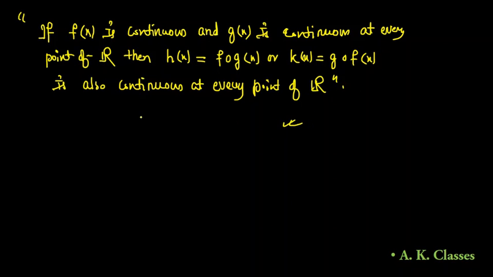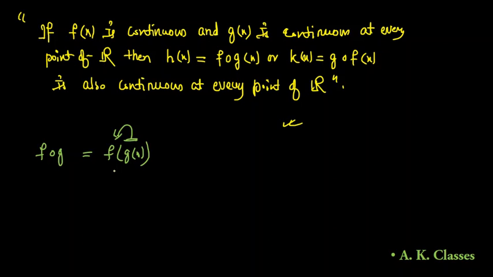Remember the statement. Let me repeat it once. You remember the composition function, no? You studied f of g of x in functions, a function within another function. If individually the functions are continuous everywhere, then their composition is also continuous everywhere.